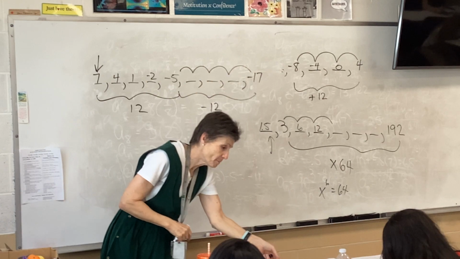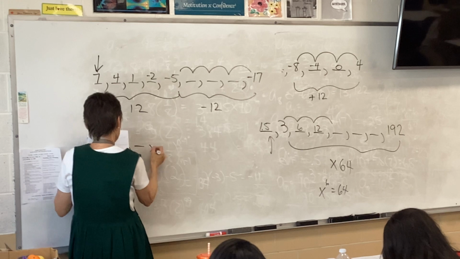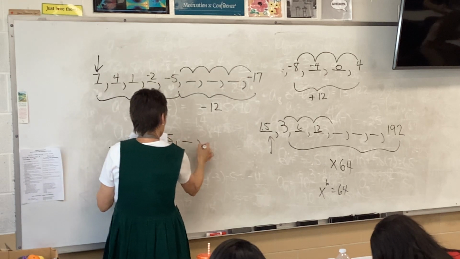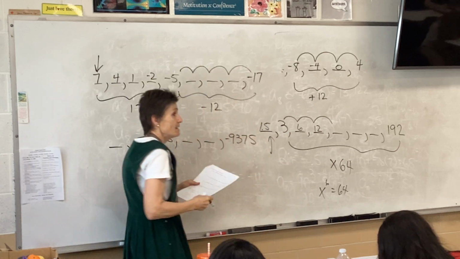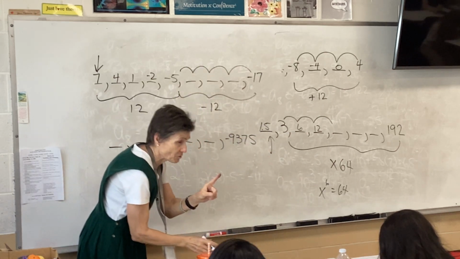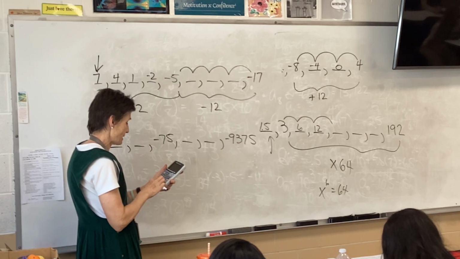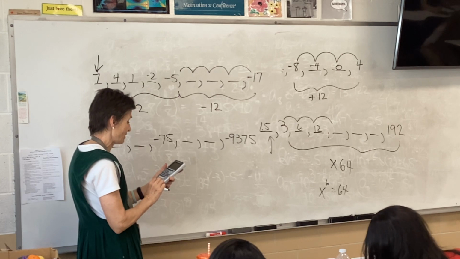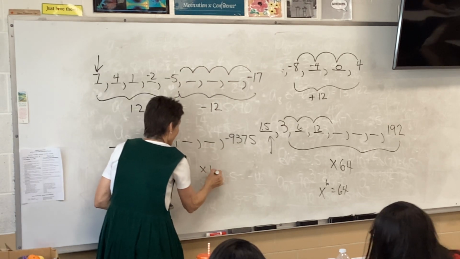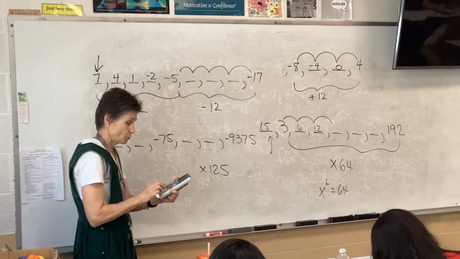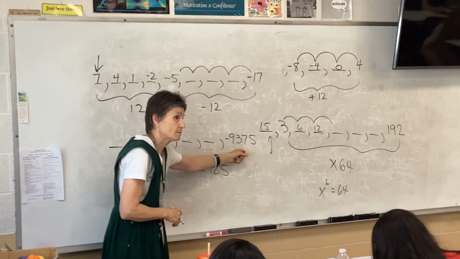Last one, now we're geometric. 3rd term is -75, 4th, 5th, 6th term is -93.75. Now kids, we're geometric, so we're multiplying. 9375 divided by 75 is 125. So to get from here to here, we have to multiply by 125.